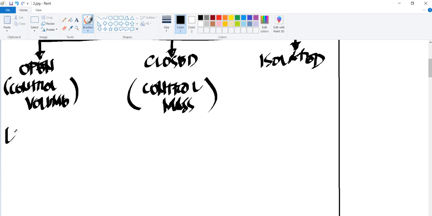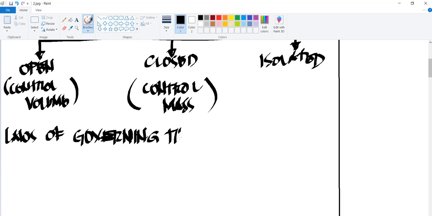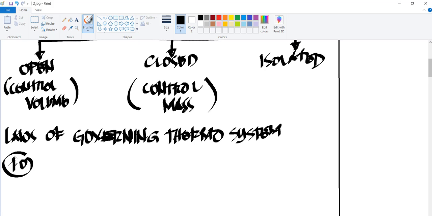So laws governing the thermosystem, we have first law, the law of conservation of mass.